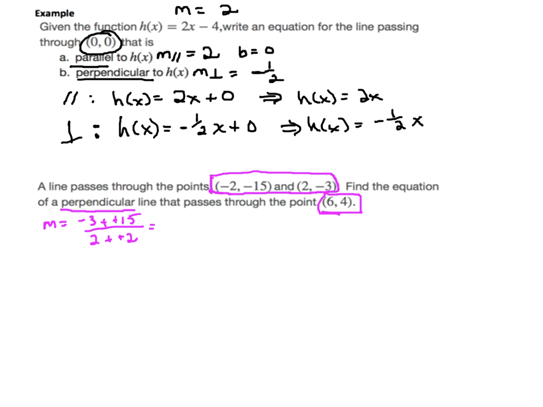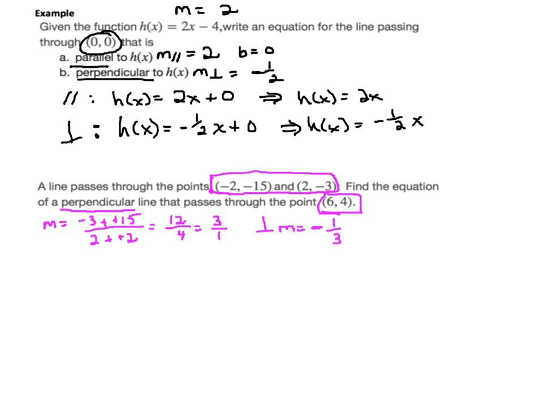Those minus negatives are pluses. Negative 3 plus 15 is 12. 2 plus 2 is 4. This is a slope of 12 over 4, which is just 3. So my perpendicular slope is going to be the opposite sign and flipped, negative 1/3.